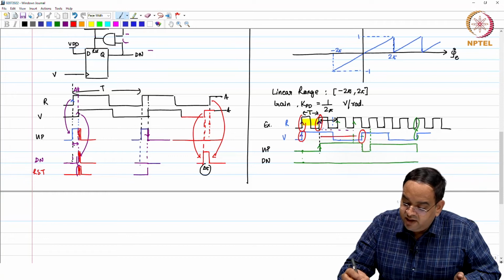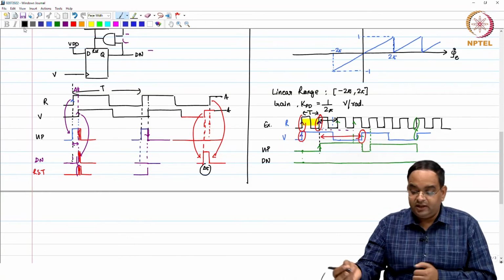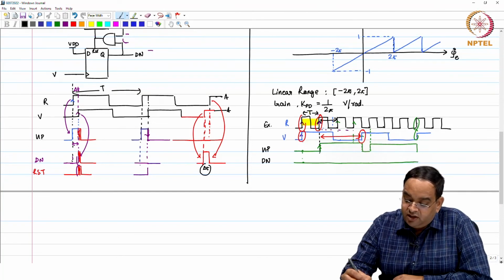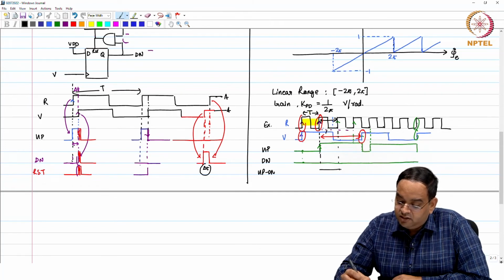This is my phase error. So, up minus down signal, if you just think about it, the average value for this clock cycle remains 1, it still remains 1 during the next, and then it goes to 1, and after that it goes to 0.